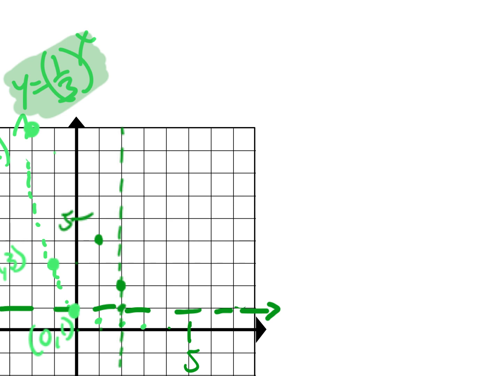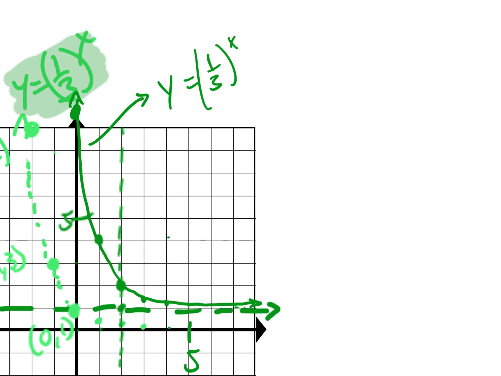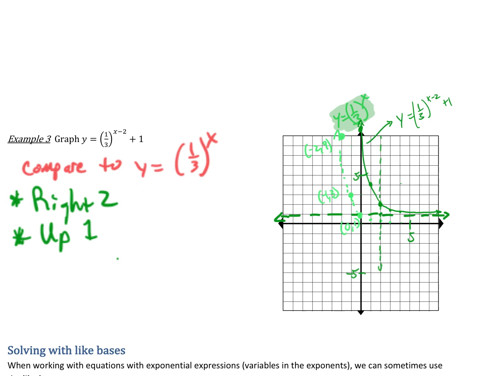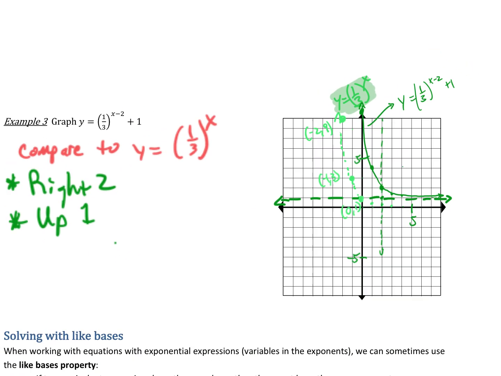And so this point's actually off the charts a bit. Then going to the right, we're going down to 1/3, 1/9, so on and so forth. It's getting closer to this dotted asymptote. And so this is a graph of y equals 1/3 to the x. It's moved right 2 and up 1, which is what we were trying to graph all along. Yeah, that's right. So those are the 2 ways to go there.